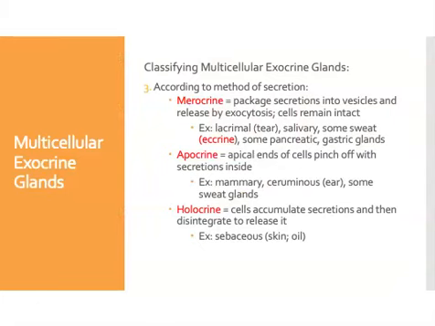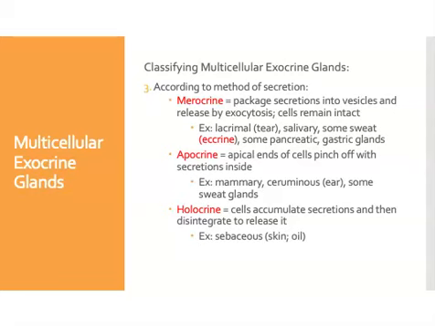So we can classify multicellular exocrine glands in a number of different ways. There's an additional classification that we need to be familiar with, and this is the classification that involves the method of secretion. In other words, all of these multicellular exocrine glands are producing and secreting some kind of material that's going to be sent out onto the surface of the epithelium.